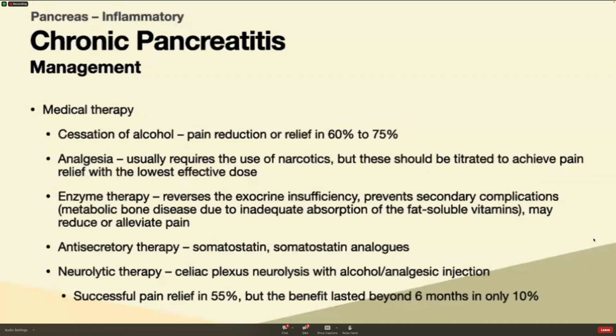For the management of chronic pancreatitis, one important thing is that the patient should stop alcohol intake, and this leads to pain reduction or relief in 60 to 75%. Other medical treatments include neurolytic therapy, pain medications, anti-secretory therapy, and enzyme therapy.